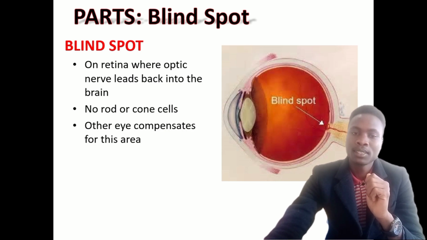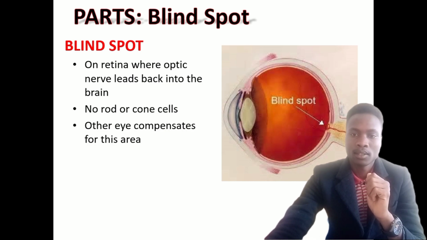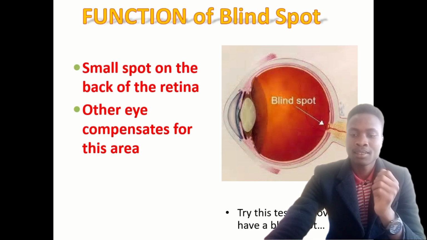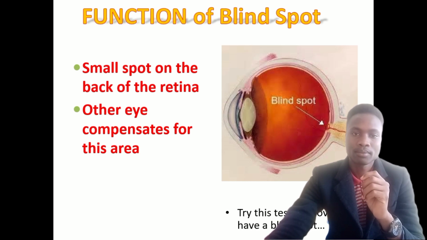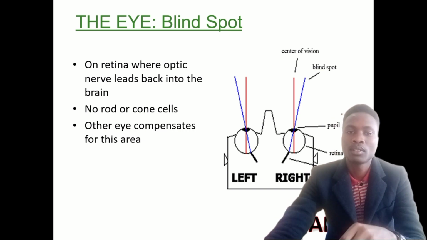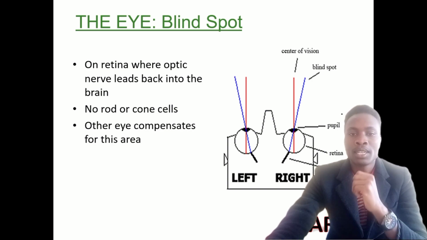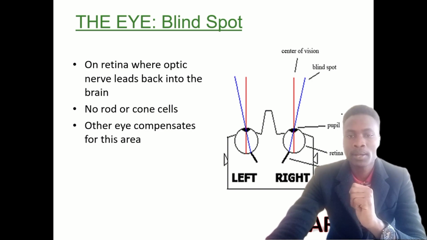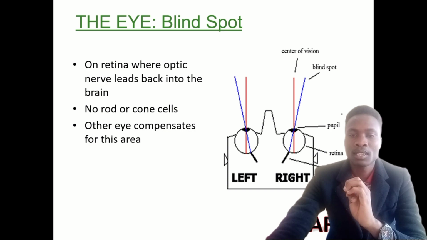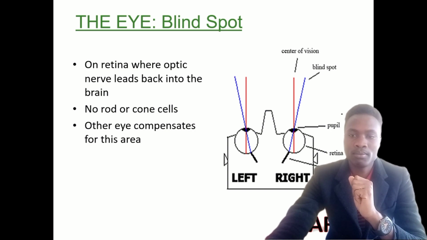The other eye compensates for this area. You can try an experiment to check on the blind spot. On retina, where optic nerve leads back into the brain, there are no rods and cones.